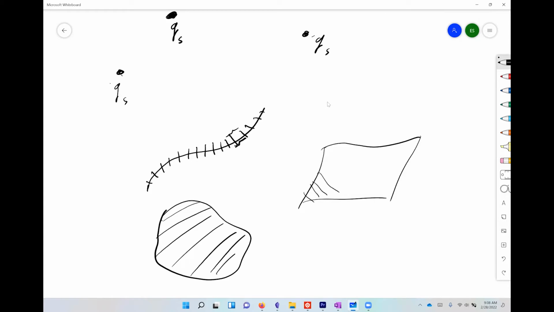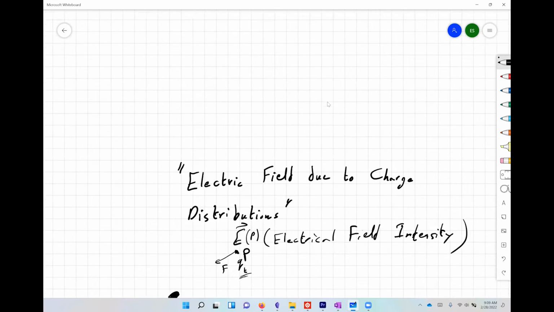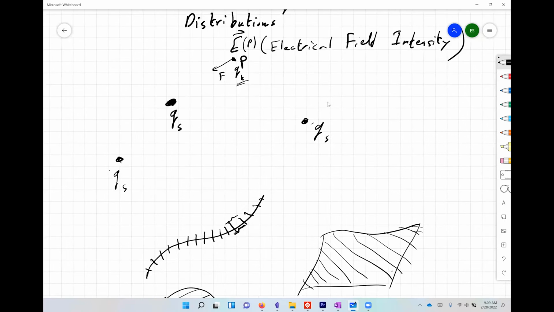Actually, when we go further in a lecture or two, and we start using something called Gauss's law, which we introduced but only mathematically previously, we'll discover that using Gauss's law is much simpler than doing this direct integration. So yeah, this is it in a nutshell.